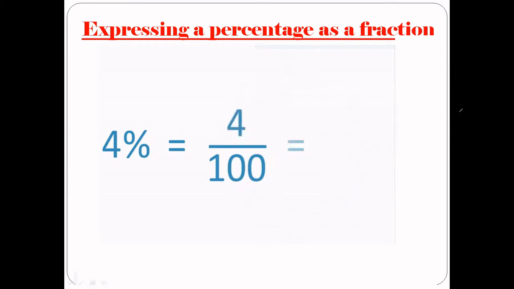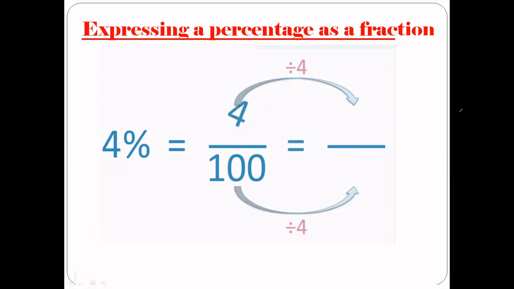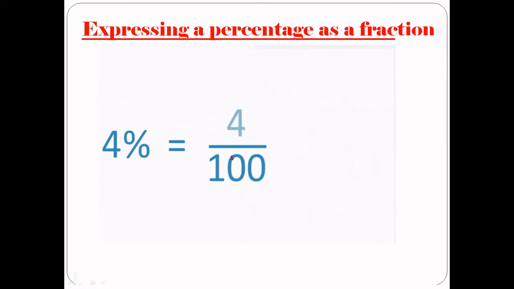So how to convert a percentage into a fraction? Write the given numerical value in the numerator. Write this 4 in the numerator. Write 100 for the denominator. Can you understand the method?